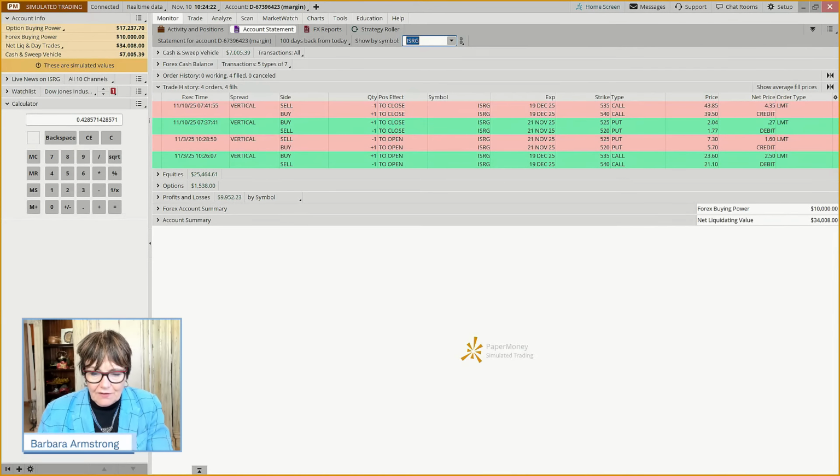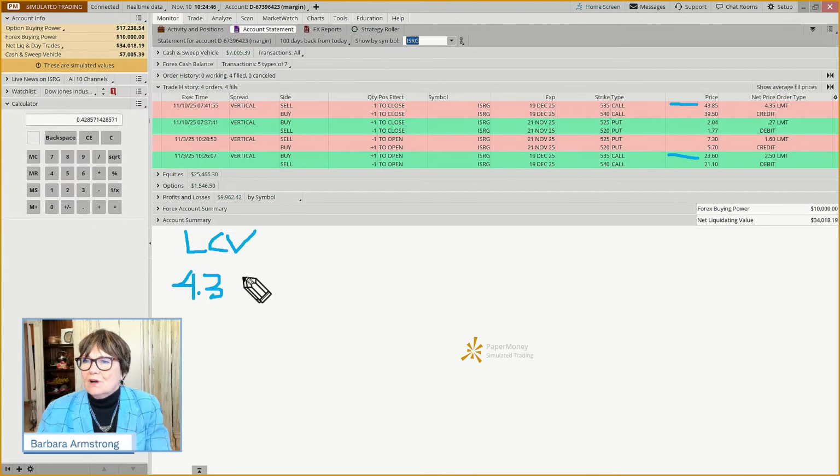So let's look at that first, and we'll do that in blue. We got into this call vertical for 250, out for 435. So how much did we make? This is our long call vertical.